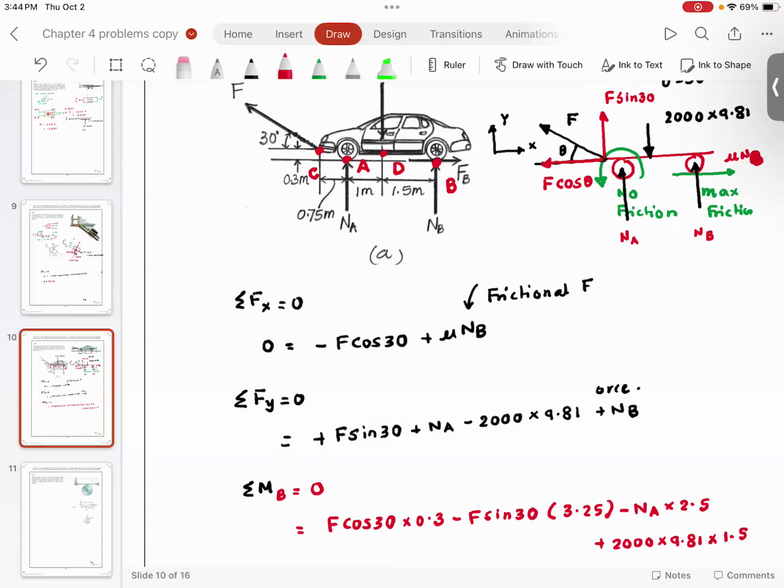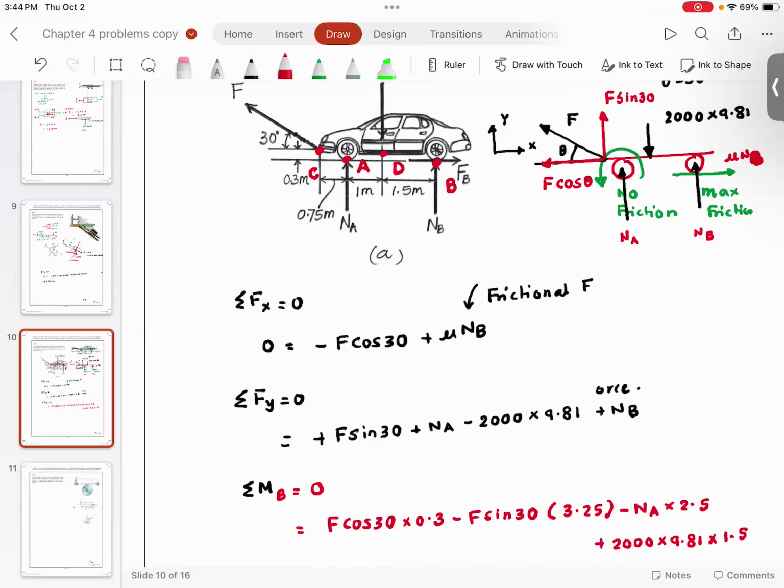Now understand, let's identify the number of unknowns. Mu is given to us, 0.3. So the unknowns are F, NB, and NA.